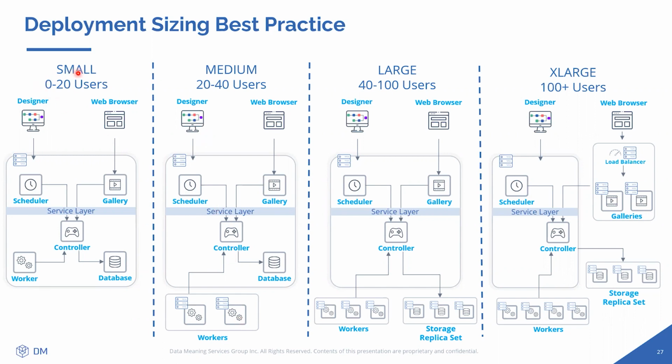So you can go from a small deployment here, just a single node deployment, into an X-large, right, where you have like 4 workers, 3 storage replica sets, and a load balancer for the gallery. Okay, so this is a recommendation from Alteryx here, best practice.